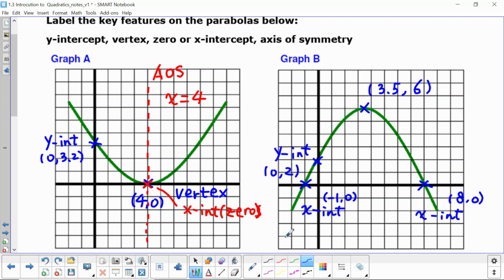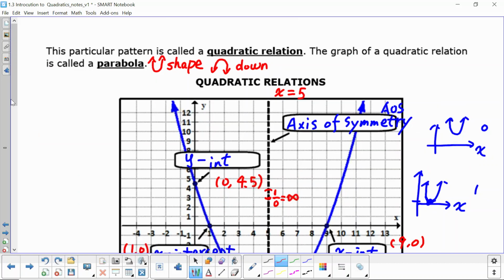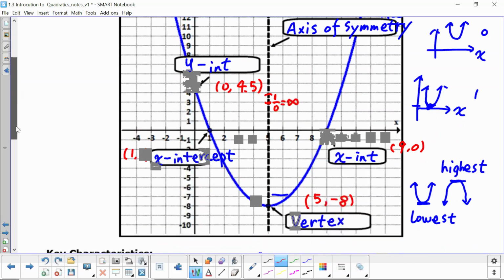And the axis of symmetry is a vertical line that passes through the vertex and divides the parabola into equal halves. On this line, all the x values are the same. So x equals the p value, the x coordinate of your vertex. So x equals 3.5.